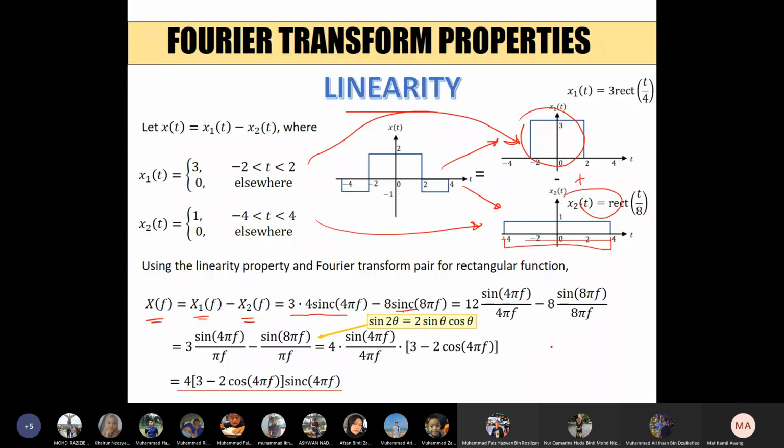So basically you get this whole answer. So this transformation is using the linearity property, where a single signal like this is decomposed into two separate signals, and we use the linearity property to do the transform.